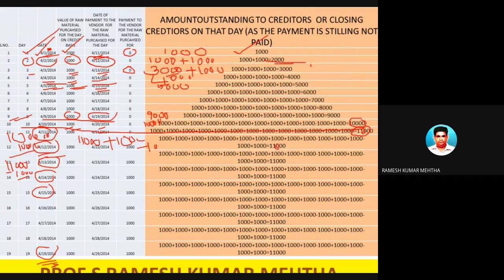So 1,000 rupees you can deduct, and thereby your outstanding amount is 11,000 rupees. If you continue like this, you will find that at any given period of time you have to pay 11,000 rupees. This is the total amount outstanding to creditors.